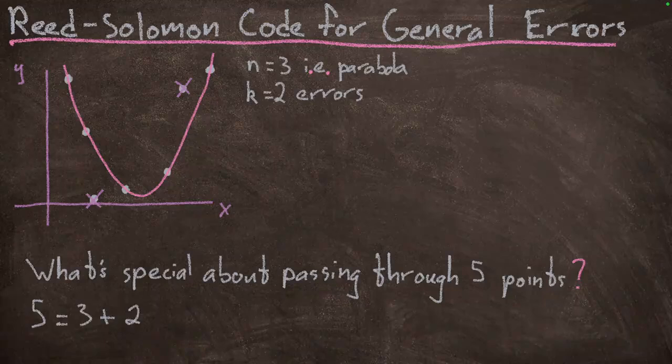Well, I'll give you a hint. 5 is equal to 3 plus 2, and we are only dealing with 2 errors. So if a parabola passes through 5 points that we received, and we know only 2 are incorrect, even if we thought 2 of those might have been incorrect, what we do know is that there are 3 correct points on that parabola. And 3 correct points uniquely defines the parabola. So we know we must have had the correct parabola.